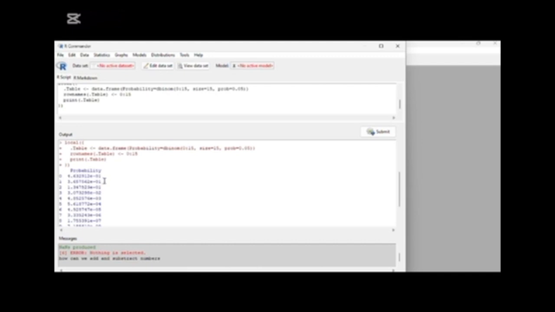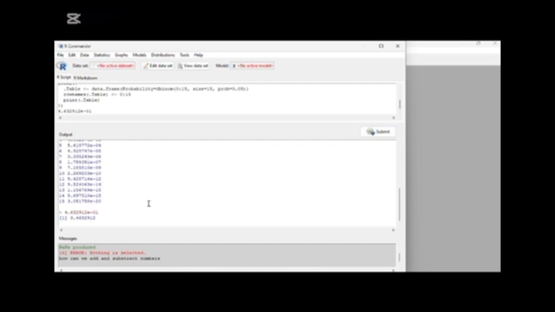So to have it with the appropriate numbers, we are going to take this, copy it, and put it here, and we click enter or submit, and we will have here the probability with rational numbers.